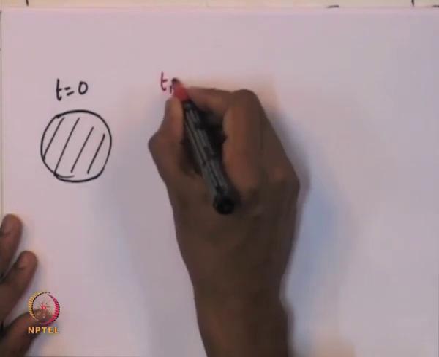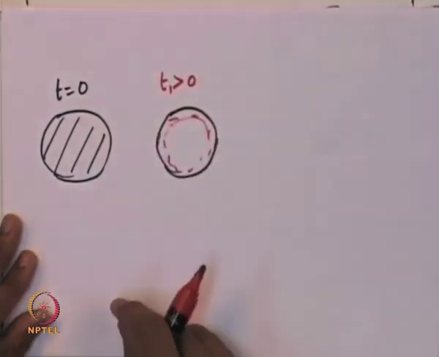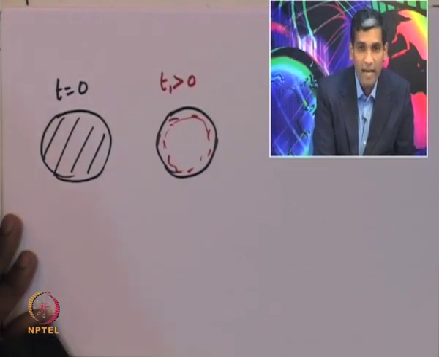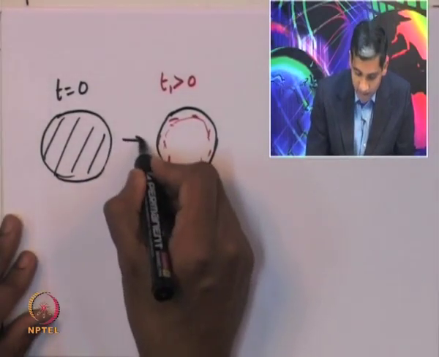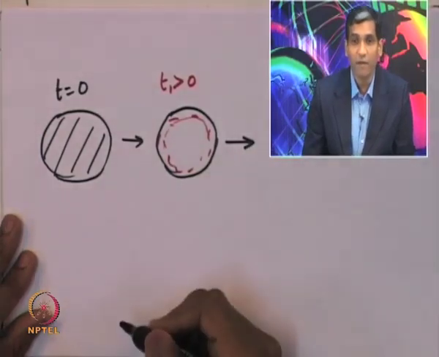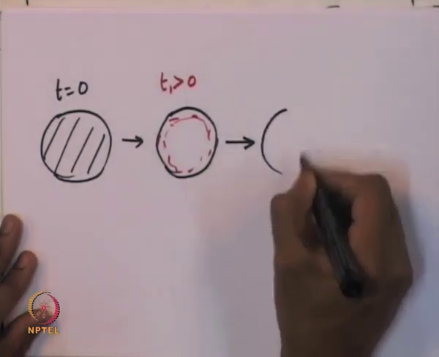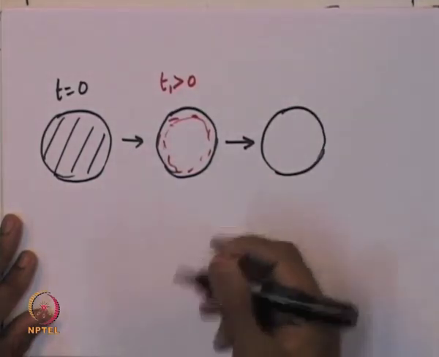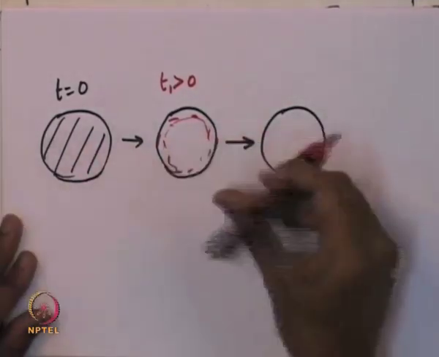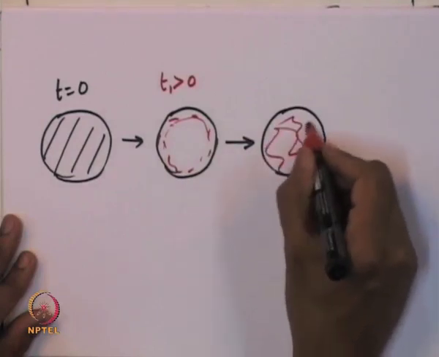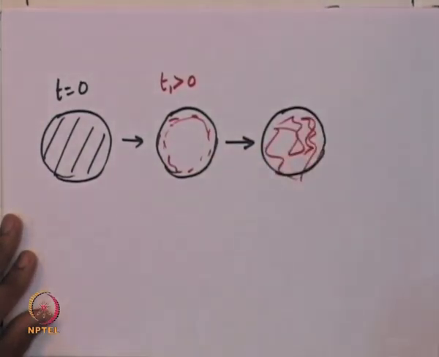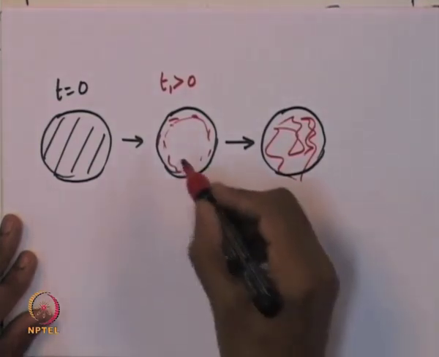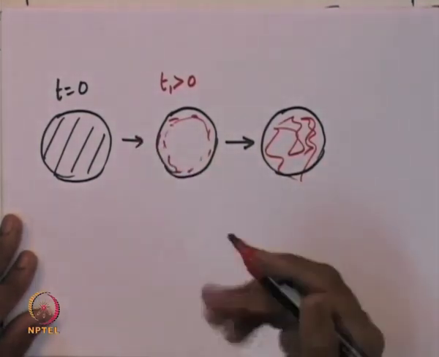and let us say at time t1 which is greater than 0, and then at a further later time the reaction occurs further, and suppose this is the solid core, more reactant is being consumed, more solid is being consumed. Again the reaction is actually occurring everywhere inside the reactor. However, the rate of reaction that is occurring in different locations could in principle be different.